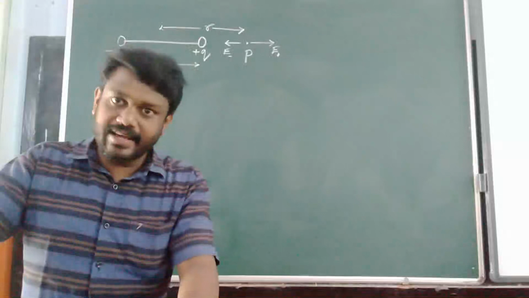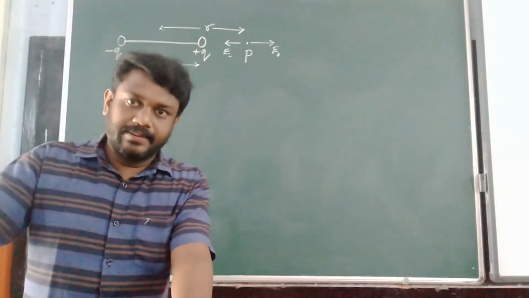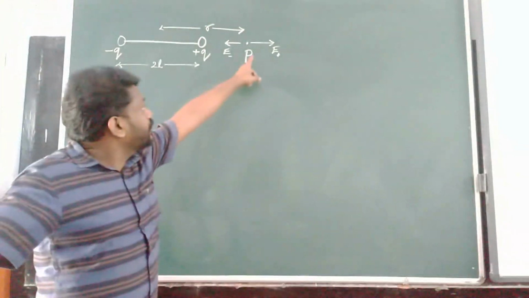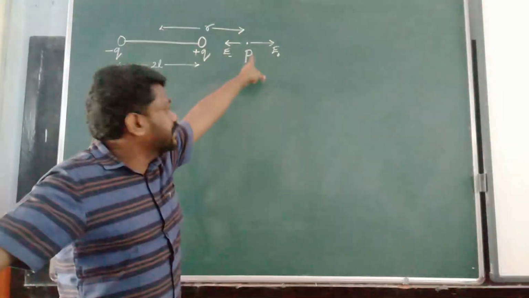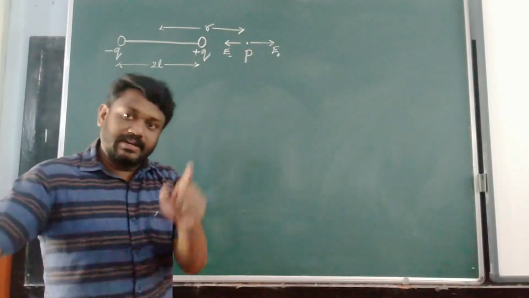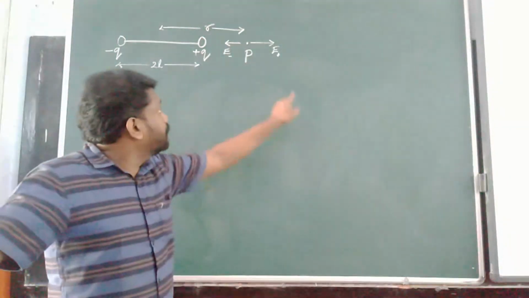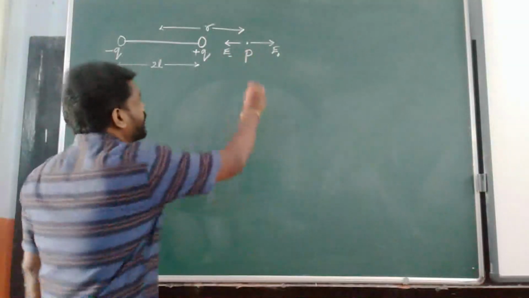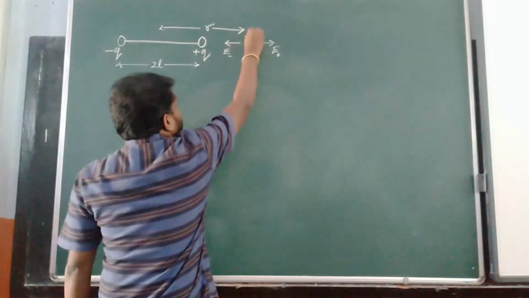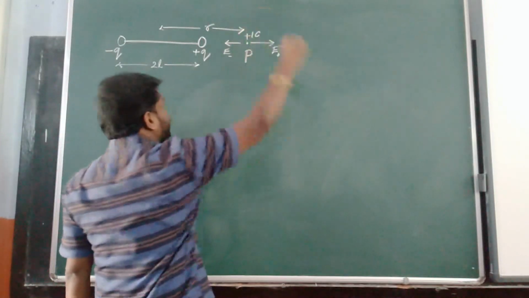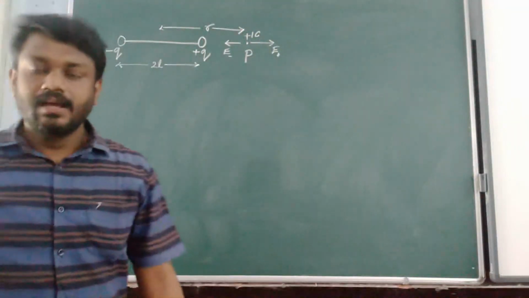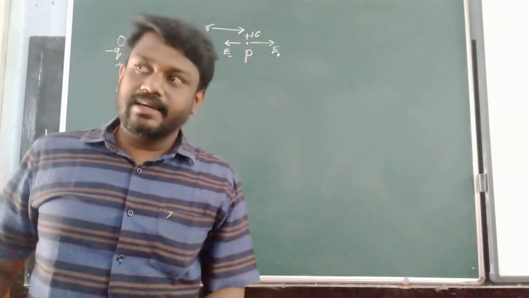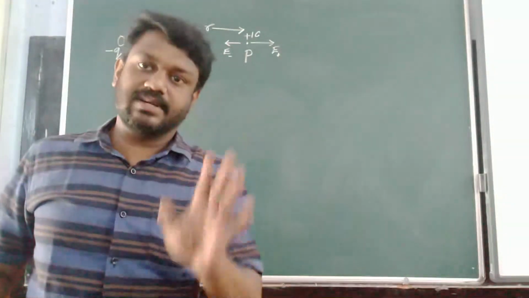So please note down this diagram and listen carefully. We have to find the electric field intensity at this point P. The method we have already seen: we keep 1 coulomb positive charge at the required point. Now you can calculate the total force acting on that 1 coulomb positive charge.